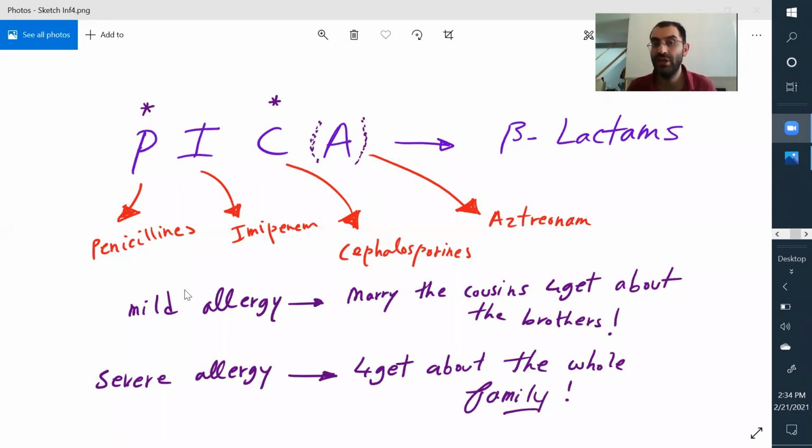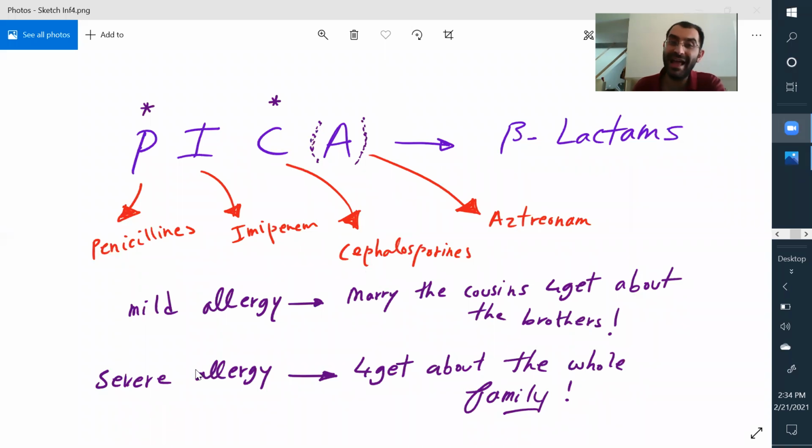Yes, I can. So if it is mild allergy, rash only to penicillins, I can still marry their cousins, cephalosporins, but I will not marry the brothers. I will forget about the penicillins, but I can still marry their cousins. Rash only, mild allergy. It's less than 1% cross-allergic reaction. In reality, it's even lower.